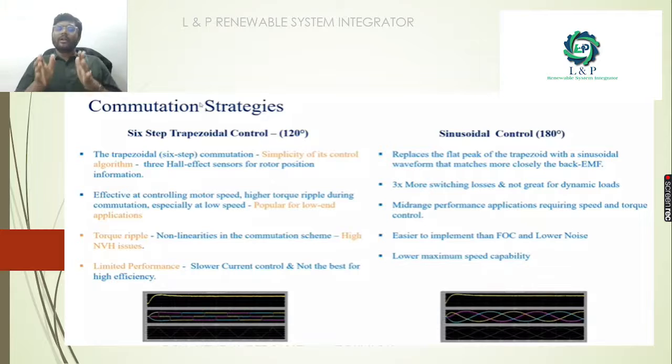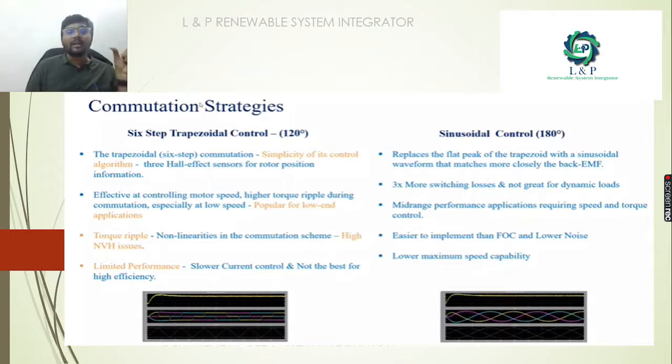When we sort out the control strategies, we can do either trapezoidal control or sinusoidal control. Wherever a trapezoidal waveform is created, we can go for 6-step trapezoidal control, and where a sinusoidal waveform is created, we can go for sinusoidal control.